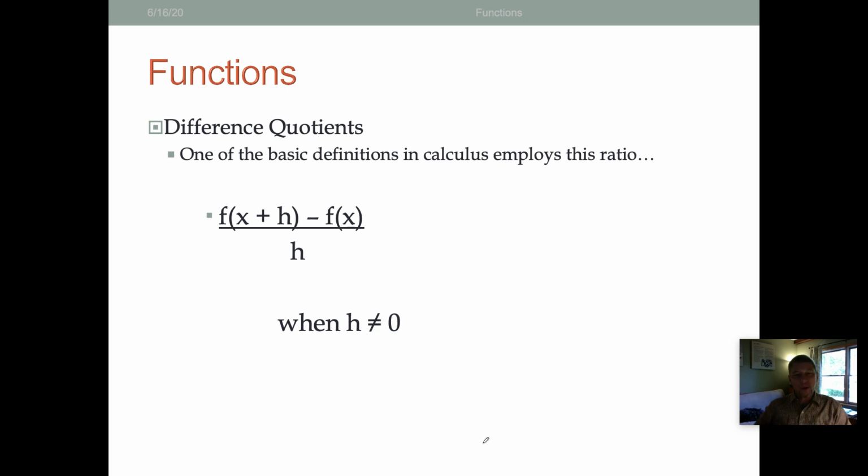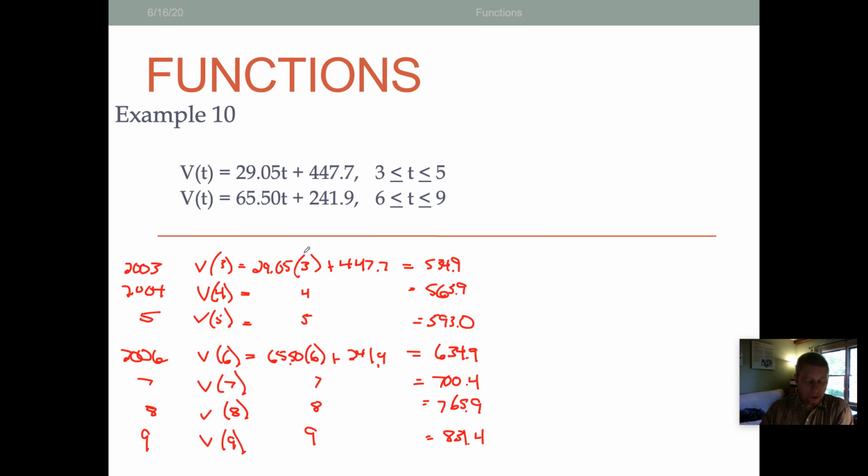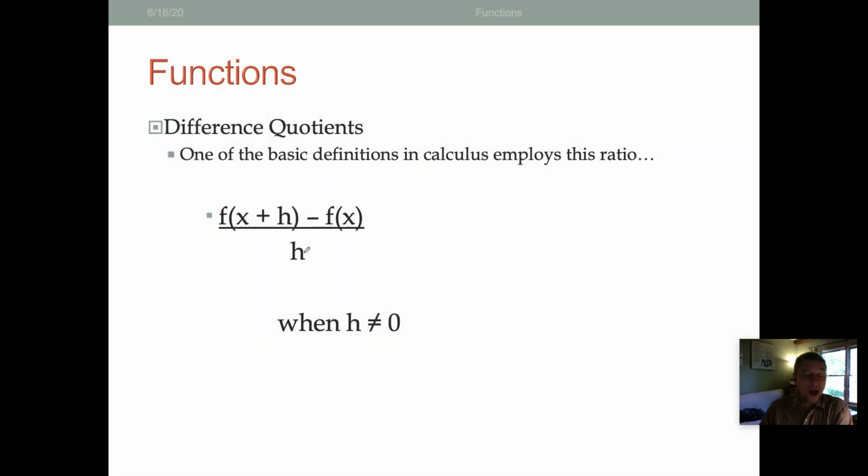What a difference quotient is, as long as this value h is not equal to 0, is generally a very small term. We're talking about the difference between two numbers that are y values that are very close. If y is approaching a very tiny number, it's approaching 0, but not actually at 0.